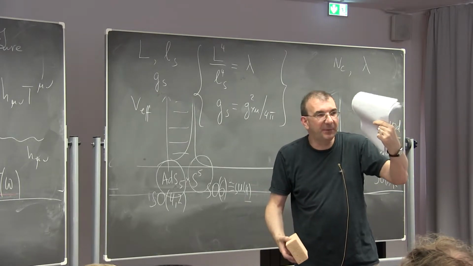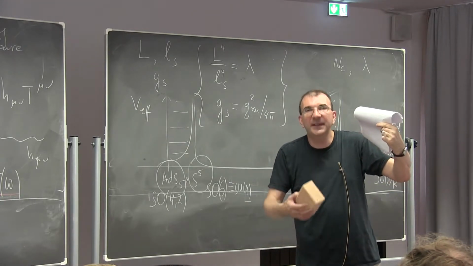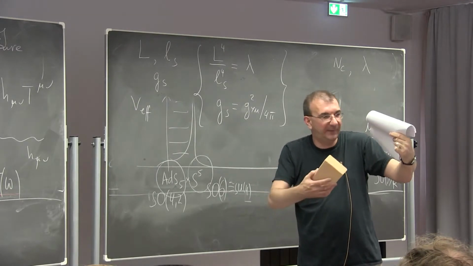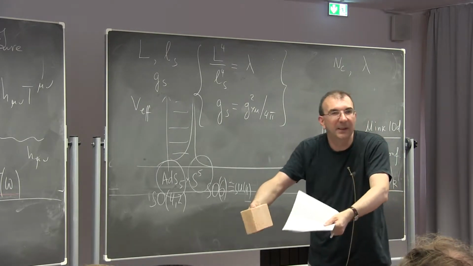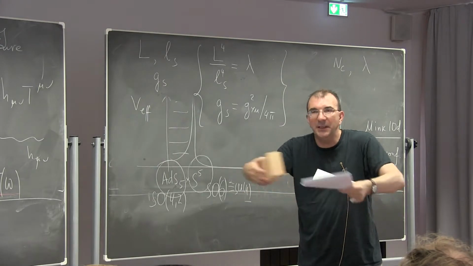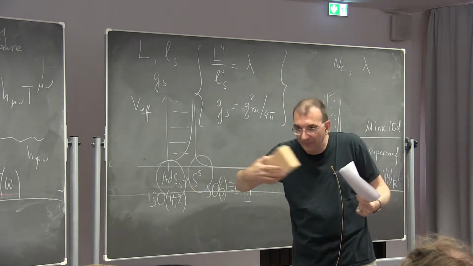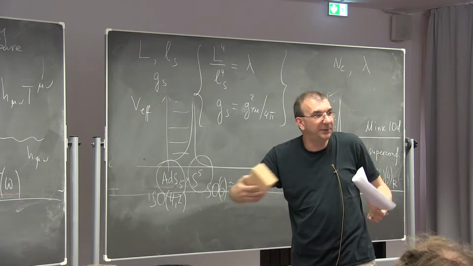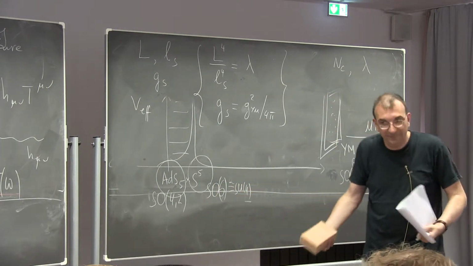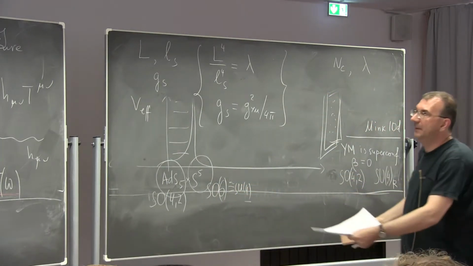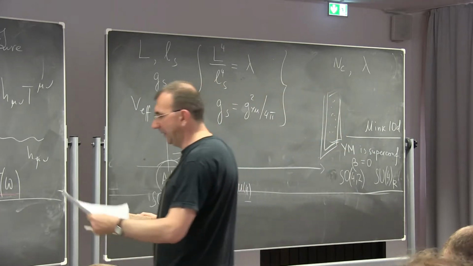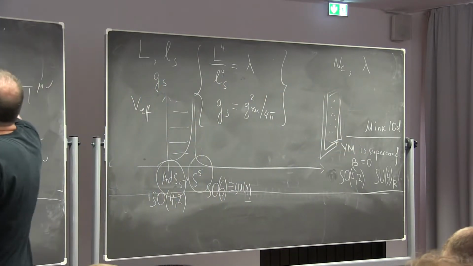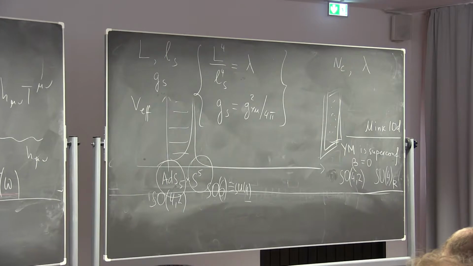But we are describing one and the same object. It's like describing the same thing in English and in Chinese. Then you can think, maybe we can just build a dictionary between the two descriptions. If it is the same object, then this will become a dual description.